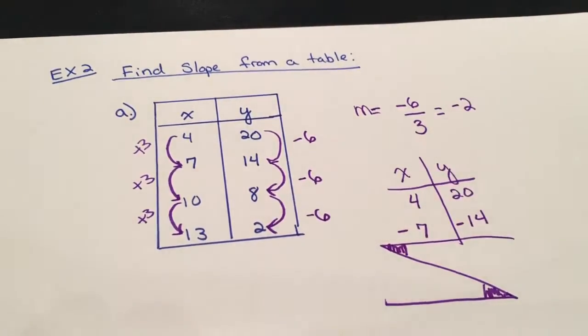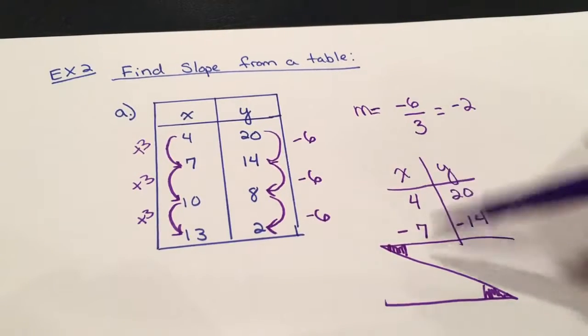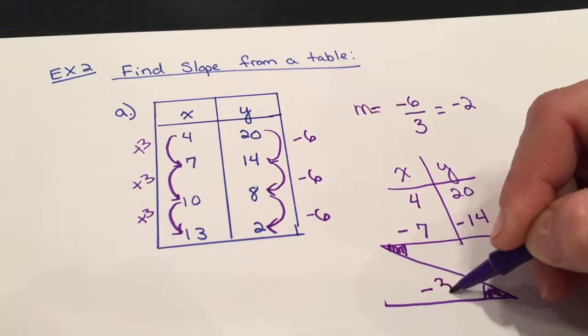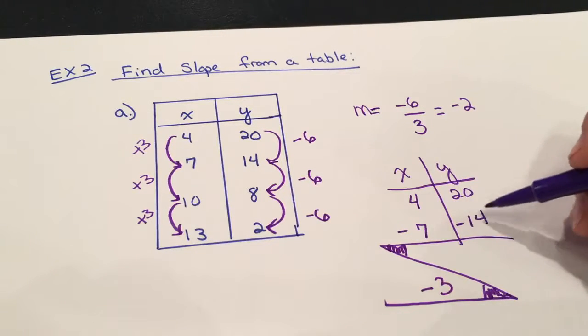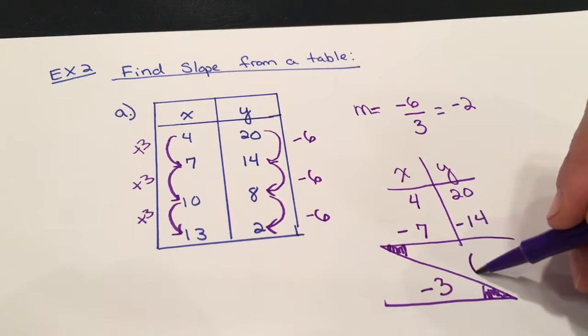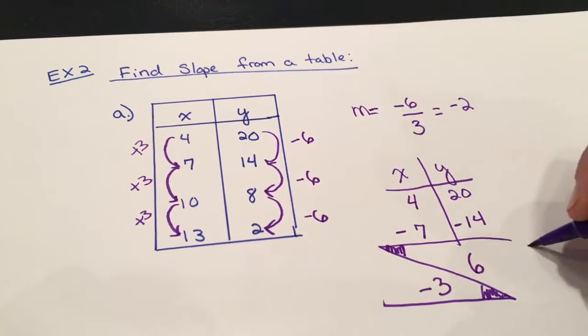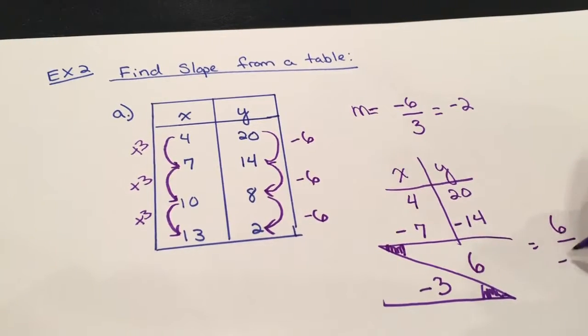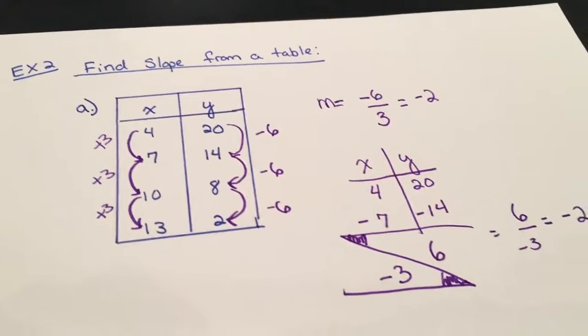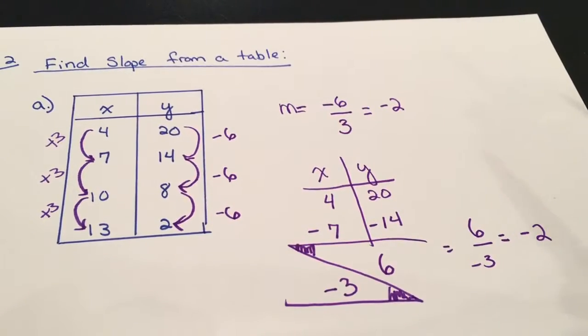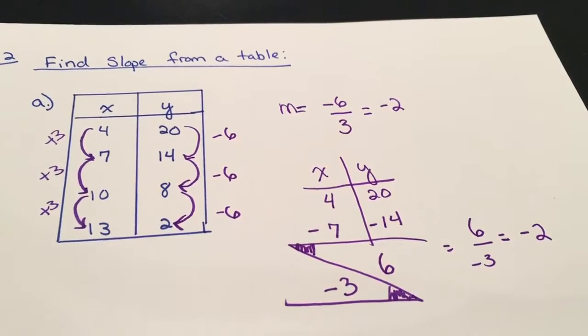I'm going to put negative symbols in front of my second set. So 4 minus 7 is -3, and 20 minus 14 is +6. So that equals 6 over -3, which again equals -2. So my slope for part A is -2.